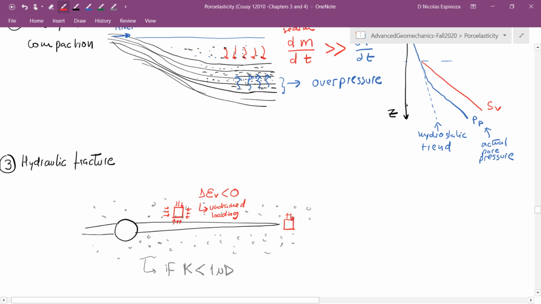And this tension is going to cause an extension in the solid, so that if I had a change of the volumetric strain which is higher than 0, and that means that this element is increasing in size, then what this is going to produce is a decrease in the pore pressure, also assuming conditions of undrained loading.